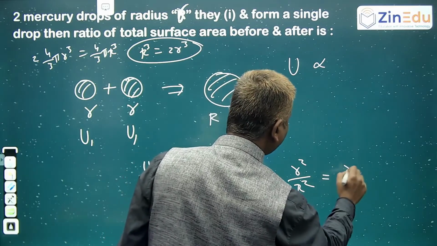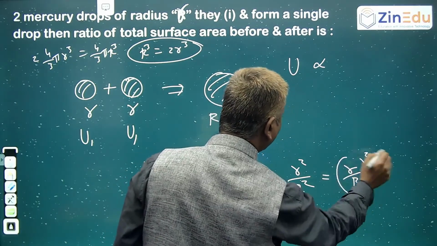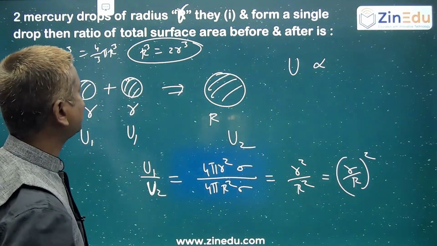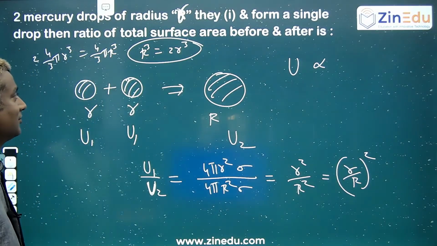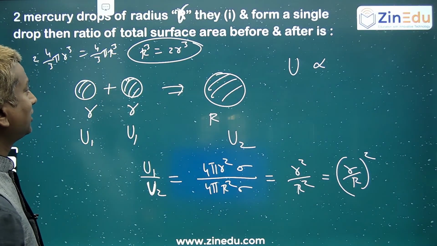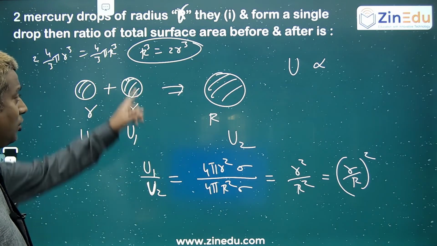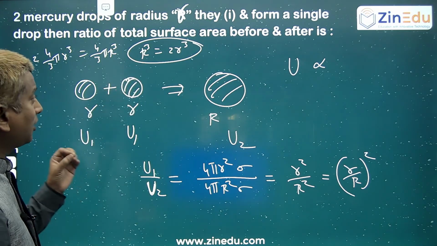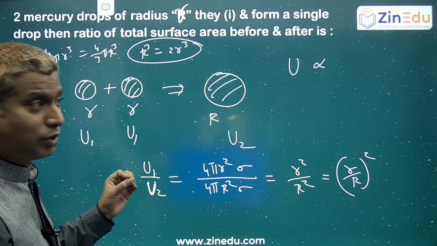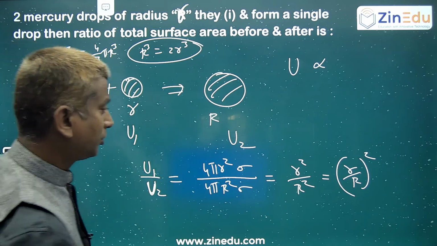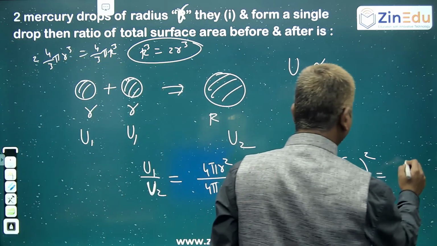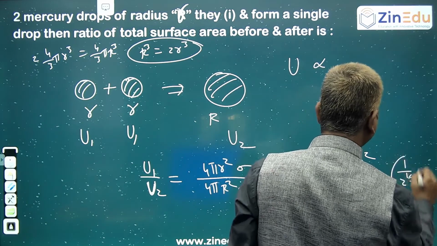So small r by capital R whole power 2. What is small r by capital R? By r cube by capital R cube, you know that is 1 by 2. So small r by capital R is 1 by cube root of 2, so it will be whole square.